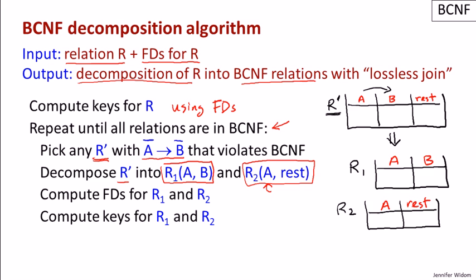We can see clearly that this is a decomposition that keeps all attributes, and what we'll see soon is that this is also a good one in that logically the join of these two relations is guaranteed to give us back what we had originally. Now the remaining two lines of the algorithm compute after the decomposition the set of functional dependencies for the decomposed relations and then the keys for those. I'm going to come back to this particular line here after doing an example.